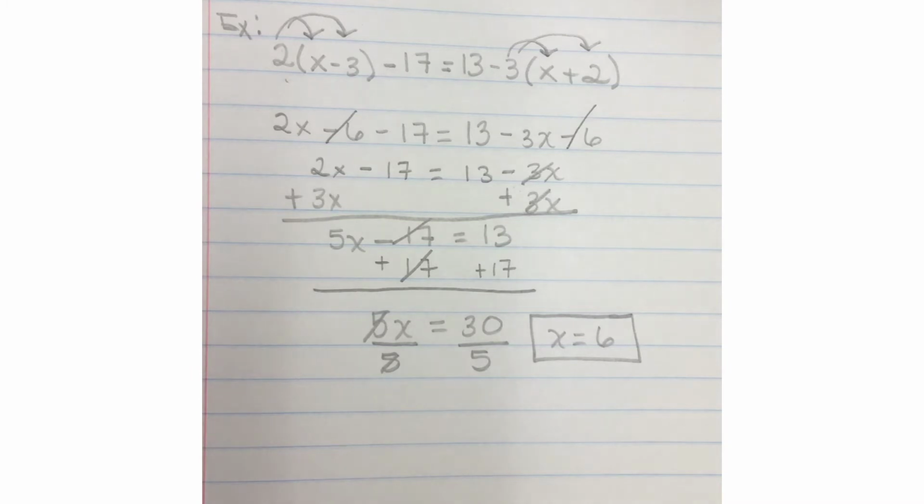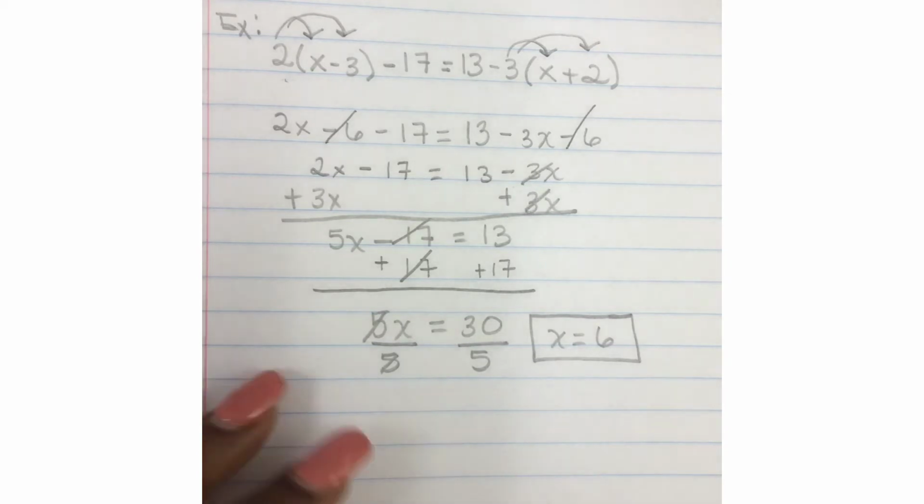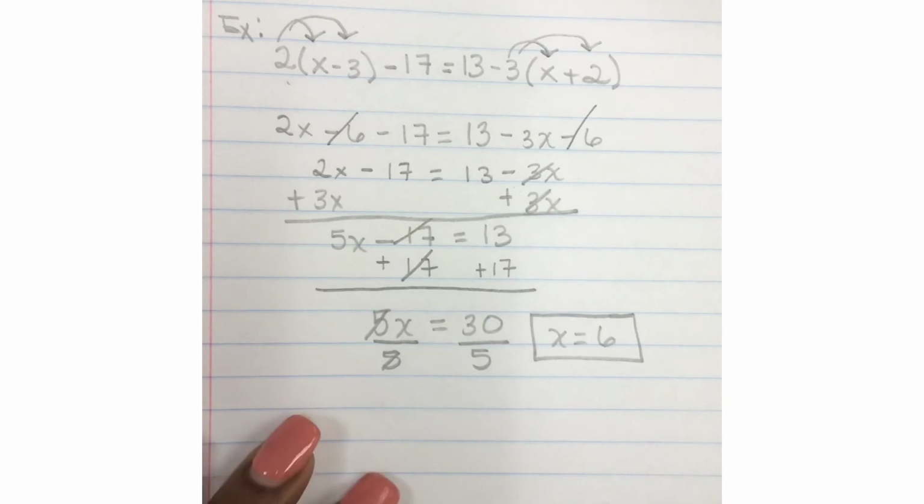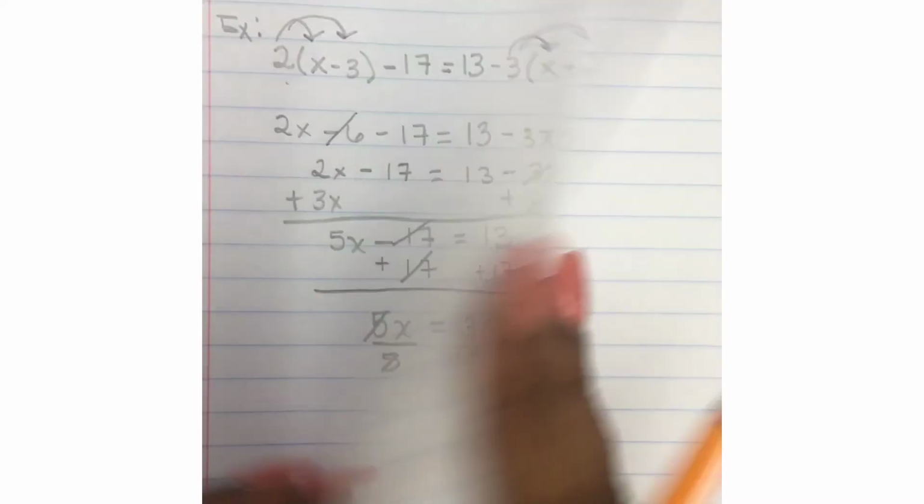Now, these are our linear equations that look just like a straight line. It's beautiful. But what if we have a linear equation involving a fraction? So let's look at when we have linear equations with fractions.